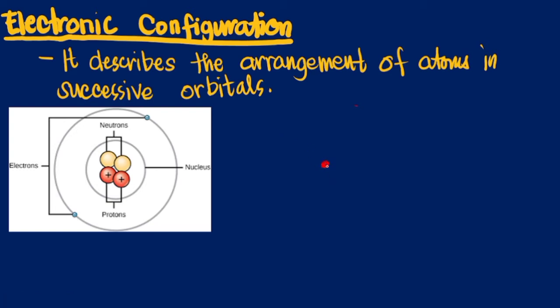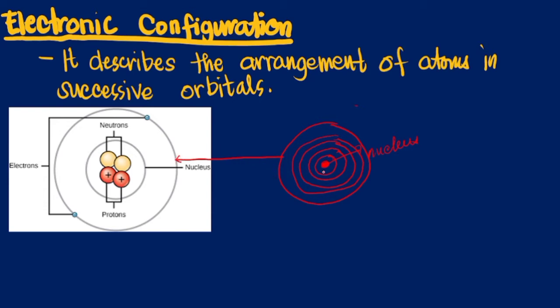And around the nucleus of the atom are imaginary lines. And these imaginary lines are called energy levels.